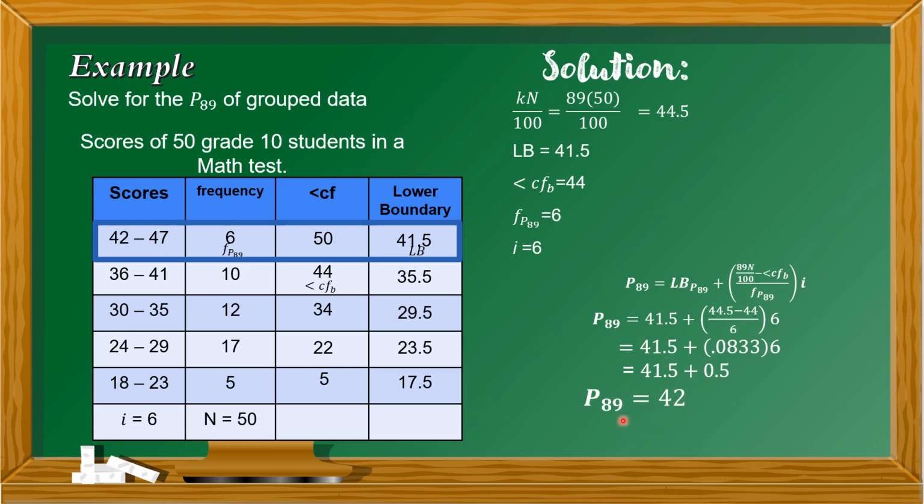Our 89th percentile is equal to 42. 89% of the students got the scores that are less than or equal to 42.